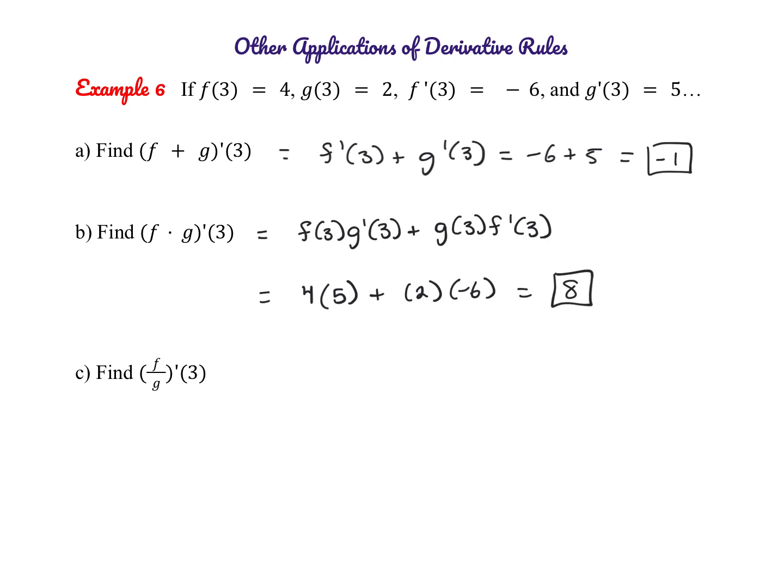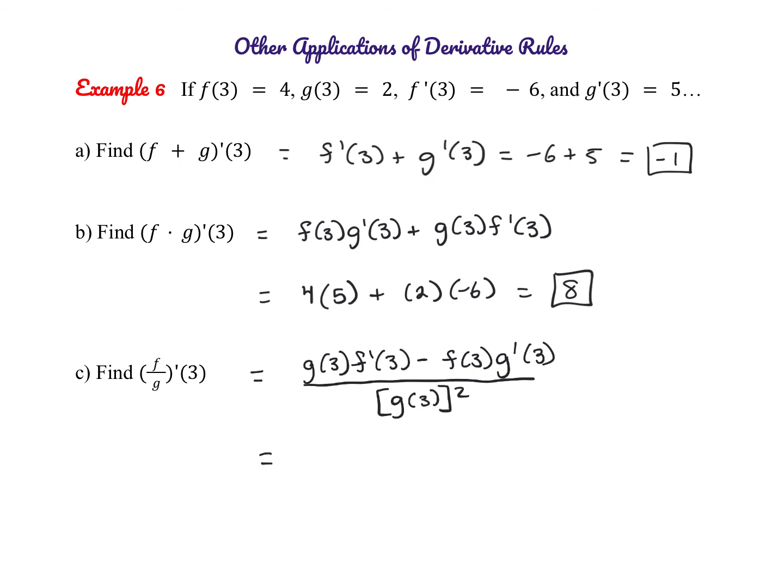And last we have f over g prime of 3. So here we have a quotient, the derivative of a quotient. So let's use our quotient rule. So remember, we have low, so we'll do g of 3 times the derivative of high, minus high d low, all over low squared.